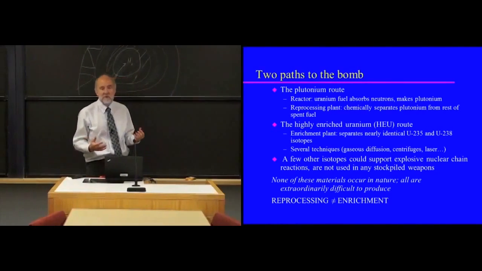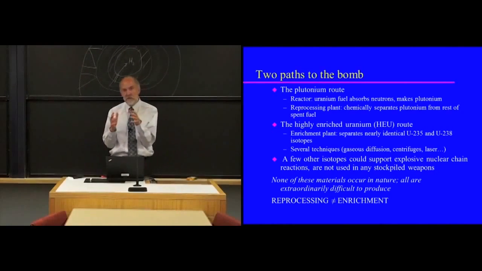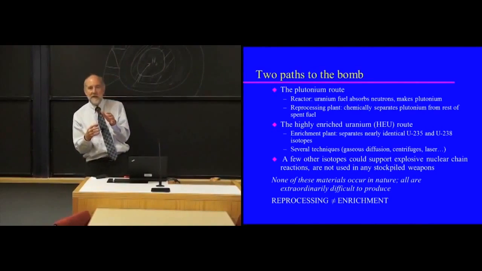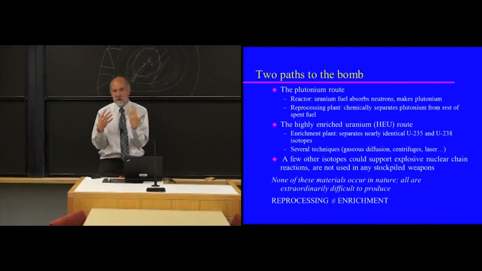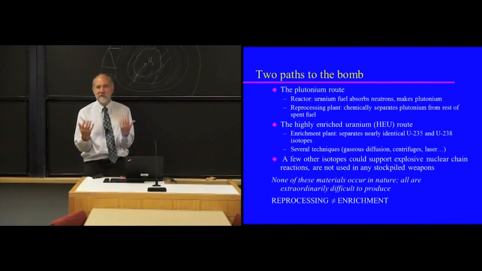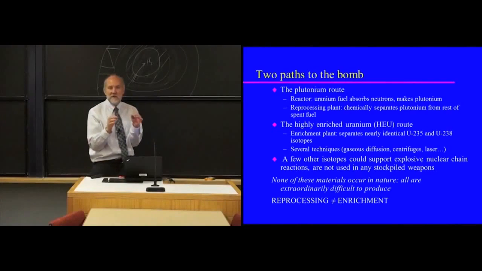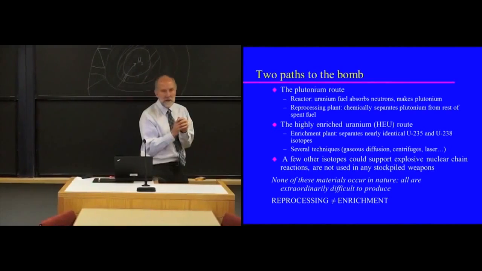On the plutonium route, you need a reactor. You put uranium fuel into that nuclear reactor. In that reactor, the reaction is taking place and releasing neutrons. The uranium fuel absorbs neutrons. Some of it turns into plutonium. Okay?